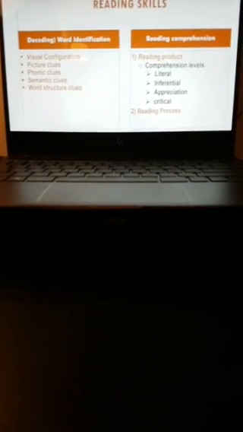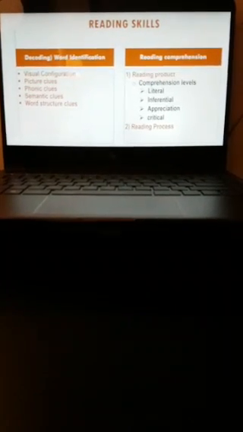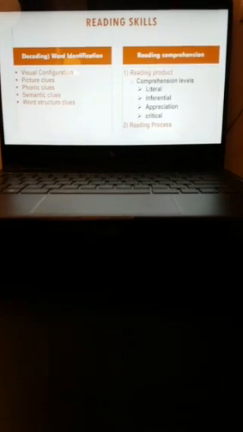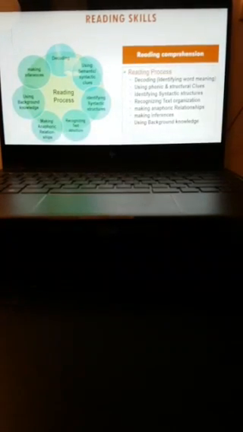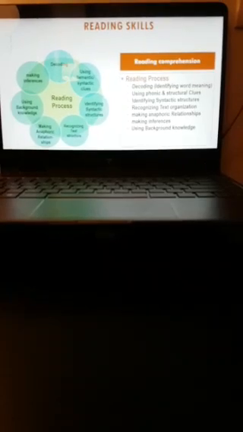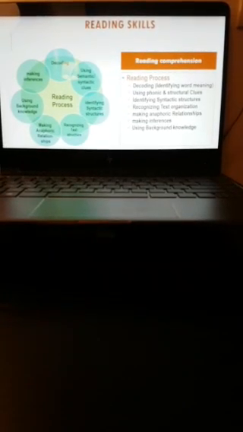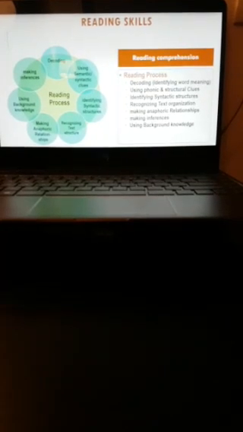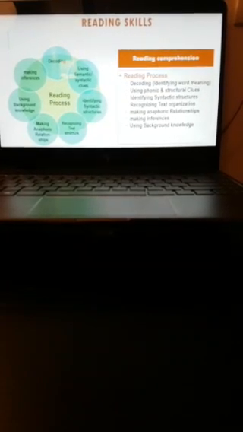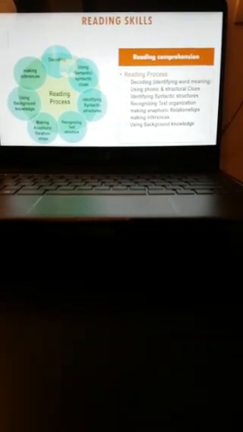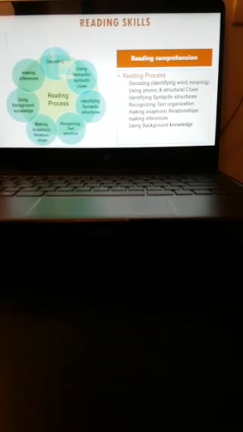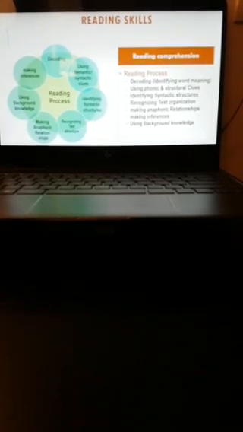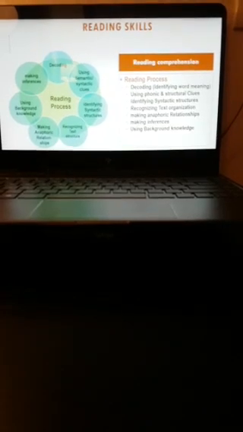There are things that go on in our mind. Now, what are these things? They are on the next page. One thing is decoding. What we do, we try to convert printed symbols into sounds, into phonemes, especially in the case of words that we never encountered before.